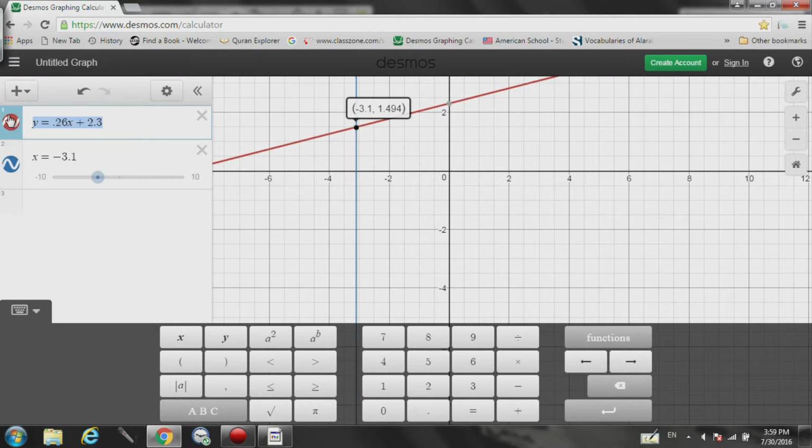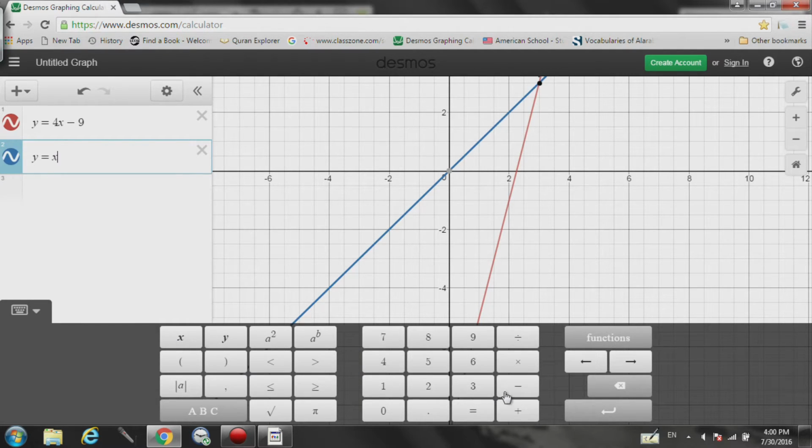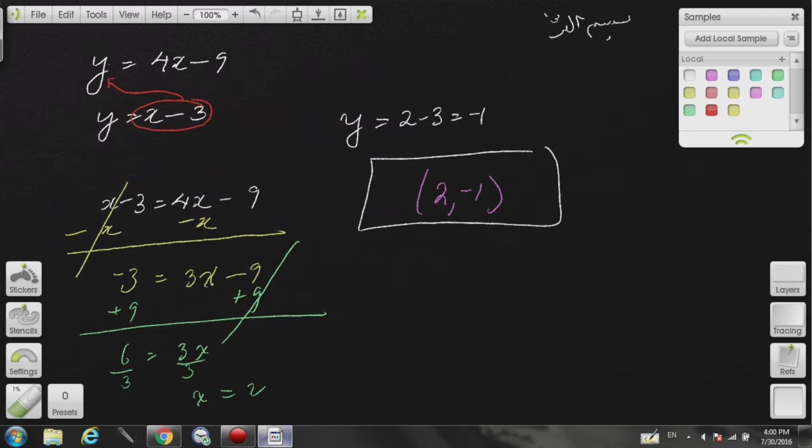Let's just do that since we have the liberty of doing that. So y equals 4x minus 9, and then we have y equals x minus 3. See? These two lines meet at (2, -1), which is the solution that we got.